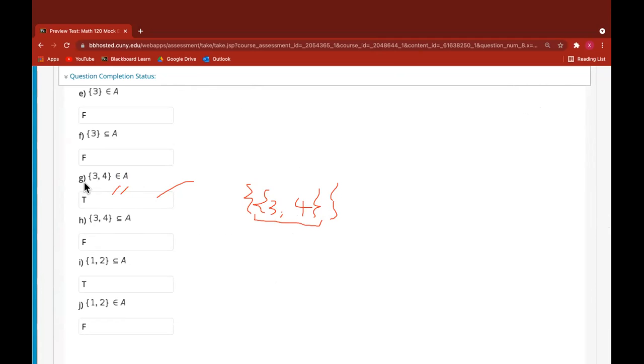Kind of. Right, 3, 4, it's an element in your set A. But the set containing 3, 4 is not a subset, right? A subset means 3 must be in your set A. This means the element 3 needs to belong to A, and the element 4 also needs to belong to A. But are 3 and 4 elements in A? 3 and 4 are not elements of A currently.